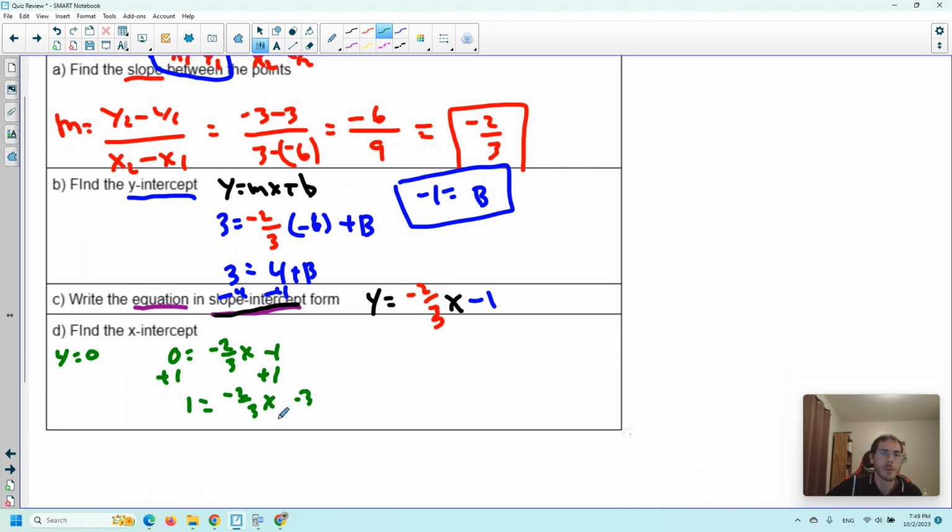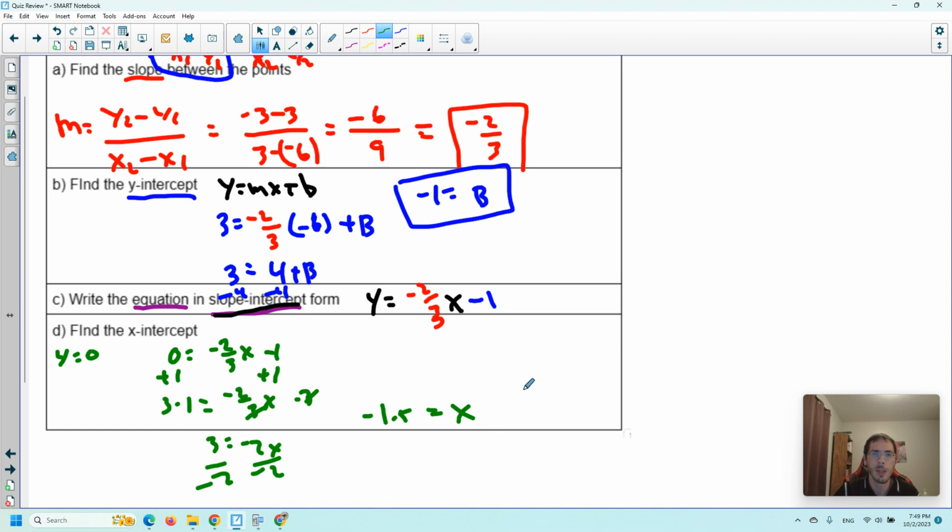I can multiply both sides by 3. 3 equals negative 2x, and then divide both sides by negative 2. So I can get negative 1.5 equals x. And so that's my x-intercept. So that's it. That's everything.